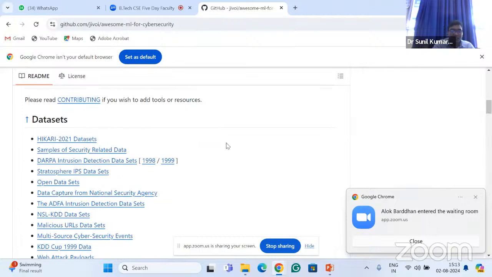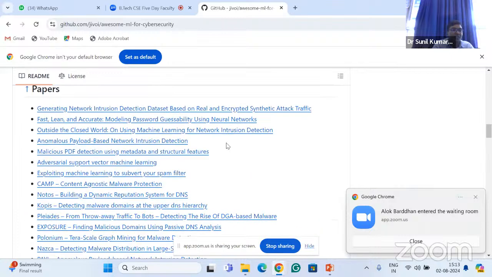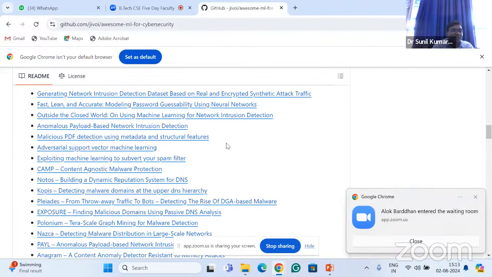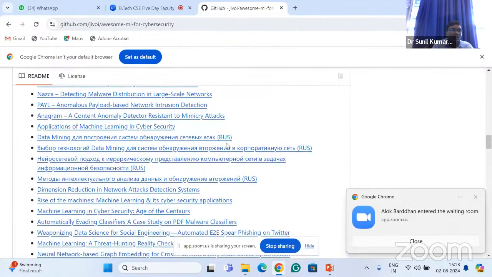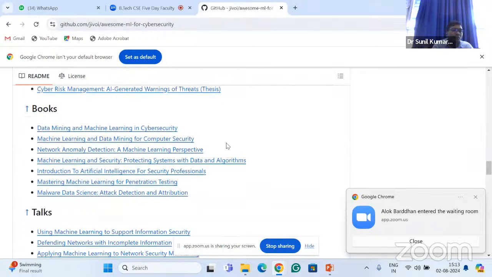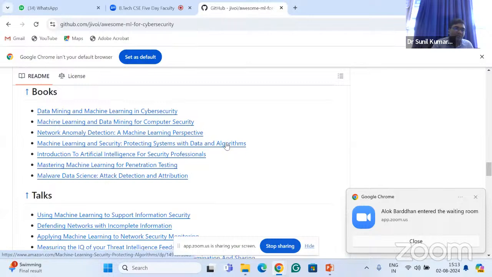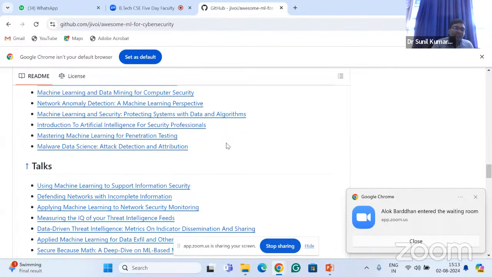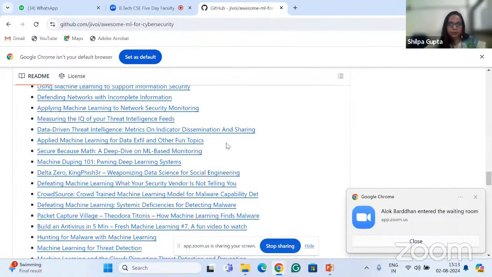You can explore the future studies. Papers are there based on machine learning and deep learning, and suggested books are also there, which can be referred to for the fundamental concepts related to these security issues.